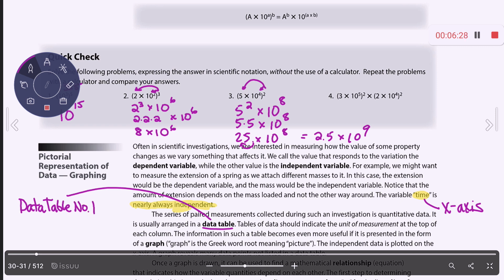If it's the first data table that you're writing on a lab report, then you would put data table number 1. And then after it, you would give me some sort of a descriptive title that describes the data that you're writing in it. If you don't do it this way, I will be deducting points.